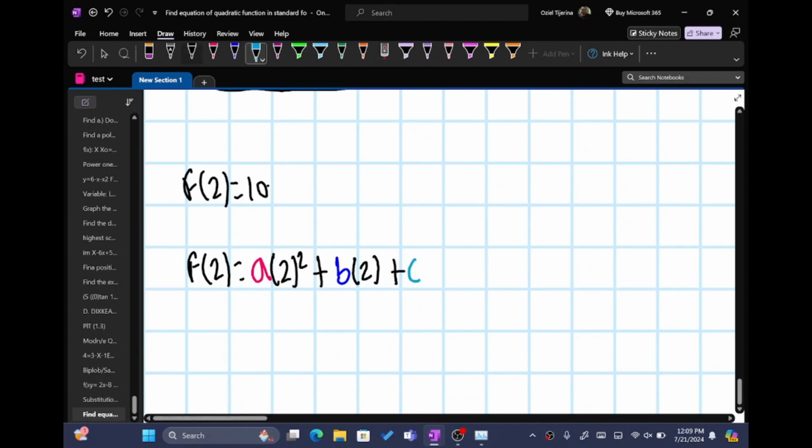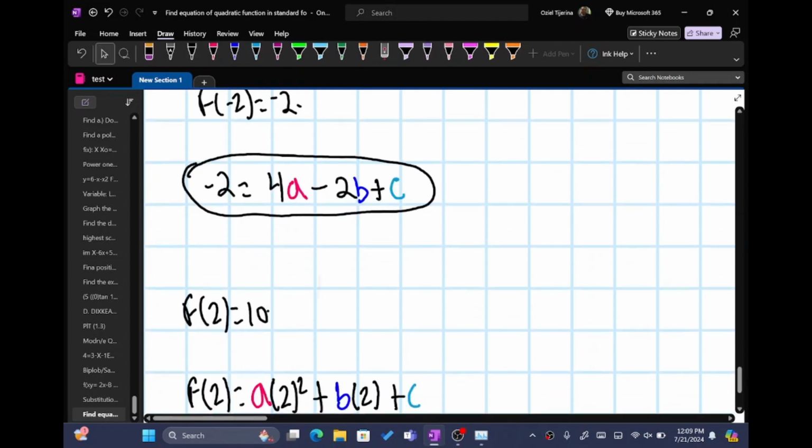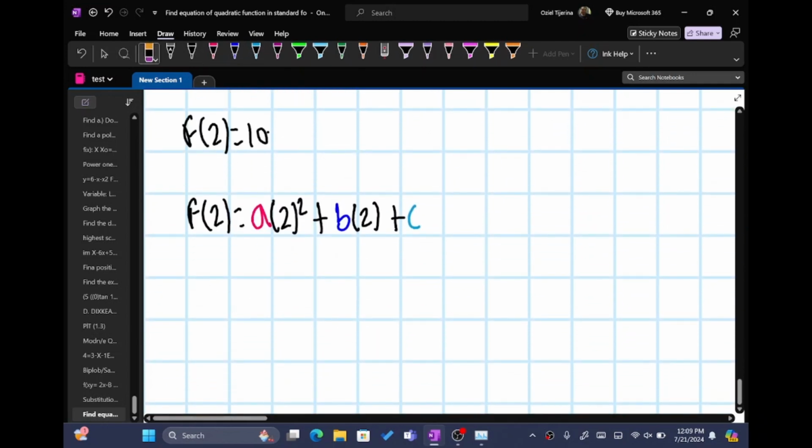So really, it's going to be 10 equals, because f of 2 again is 10.